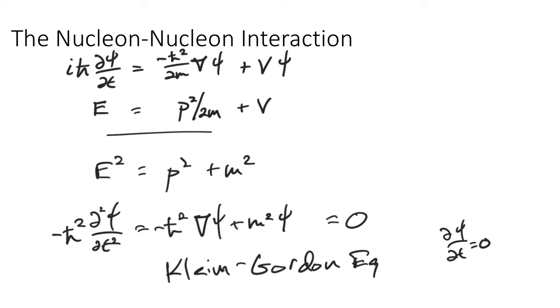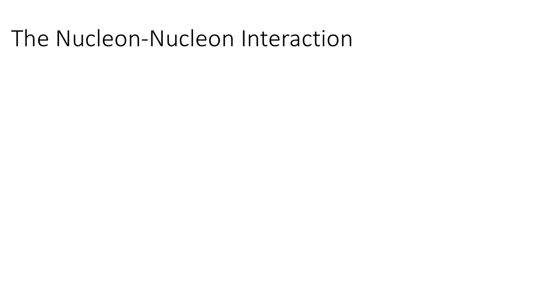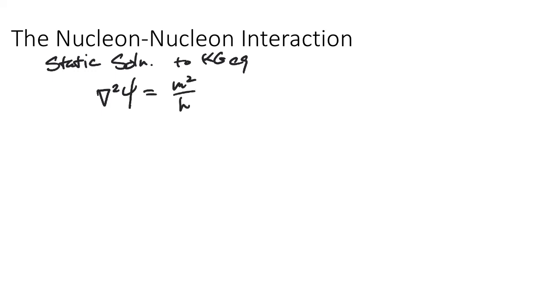And so let's do that first. So static solutions to the Klein-Gordon equation should have the form of Laplacian of psi equals m squared over h bar squared psi.